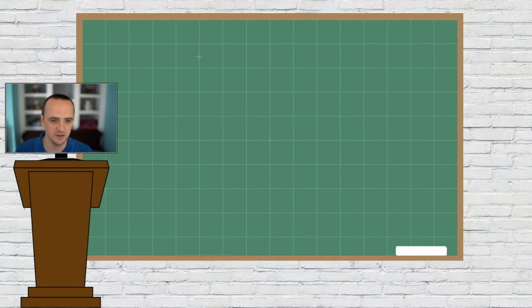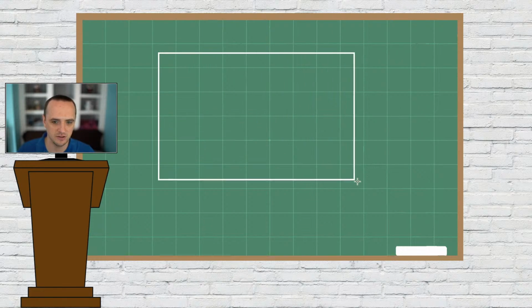Let me explain to you a little bit about the coordinate system for SFML. So here I'm going to start drawing, and let me make my line a little bit thicker. I want to draw in white. Okay, so here we have a square.